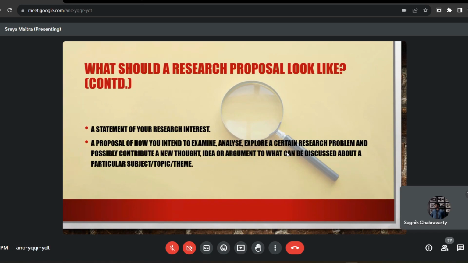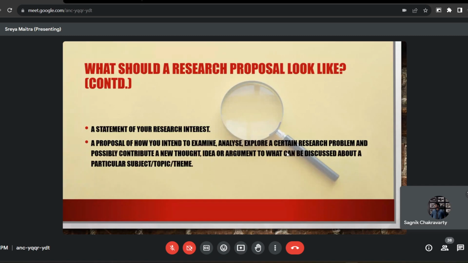So it is going to be subjective because it is going to reflect your research interest. But the very word research over here basically means that you are proposing to examine an idea, analyze it, explore it, because it for you is a certain research problem. It is a research problem, not just any problem. It's a problem worthy of research.